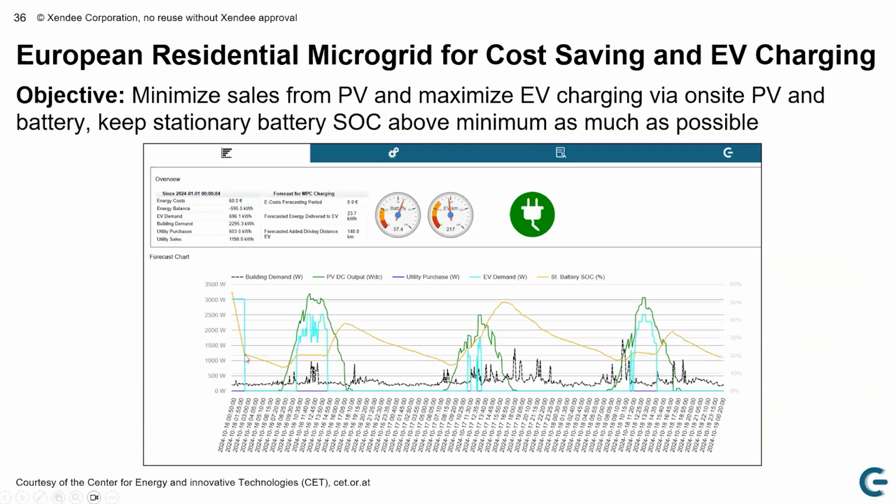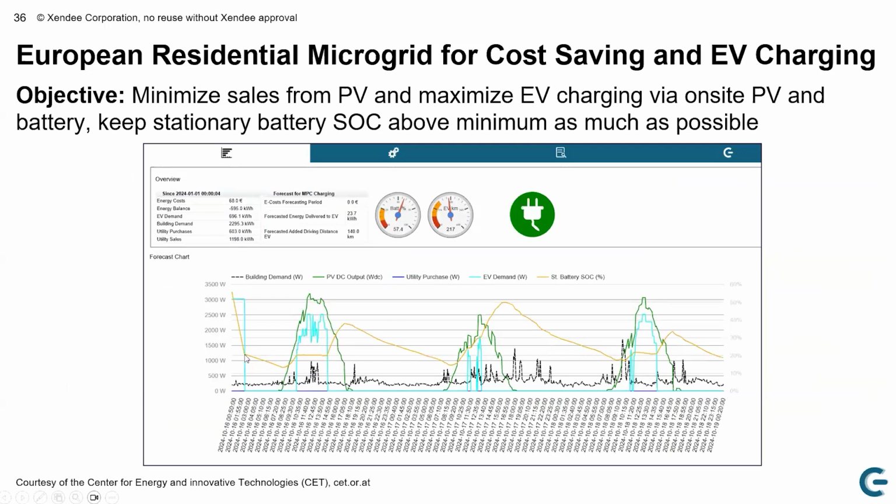And now we have the electric vehicle. For these next 3 days, we knew that the electric vehicle might be plugged in because it probably was over a weekend. I can't remember, but it now schedules the charging of the electric vehicle in a way that we are never depleting the stationary battery and that we are never purchasing from the utility or selling back.